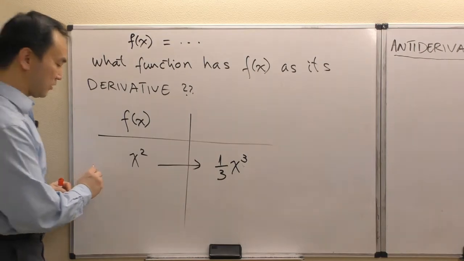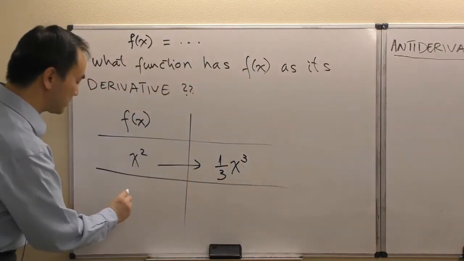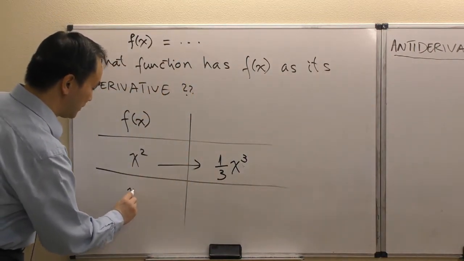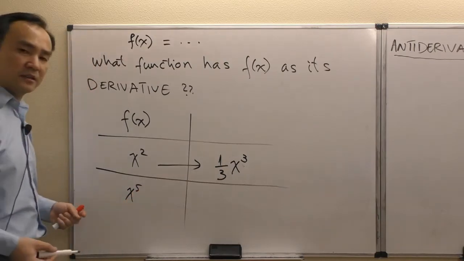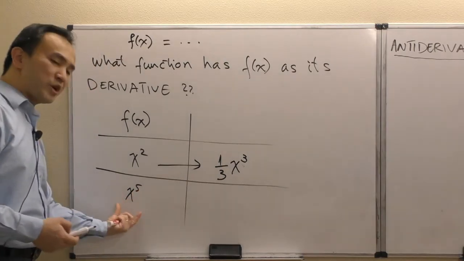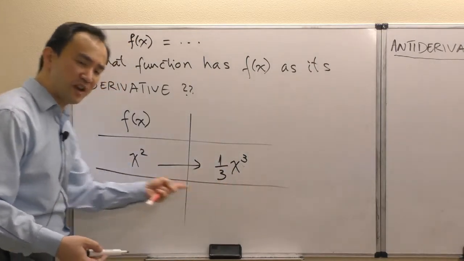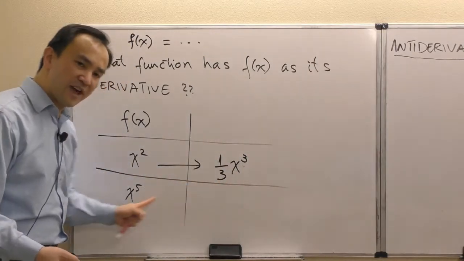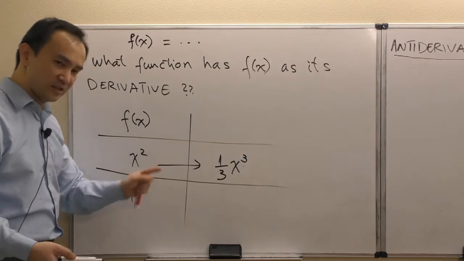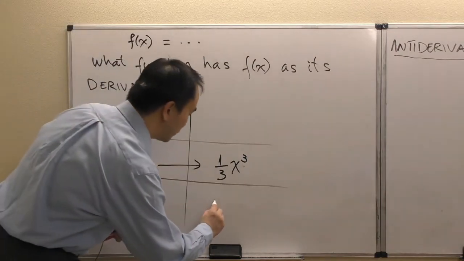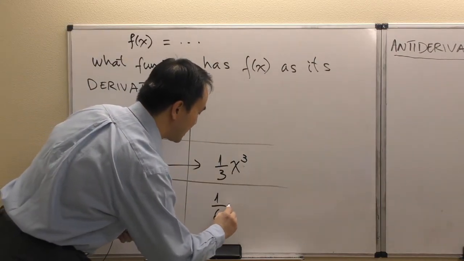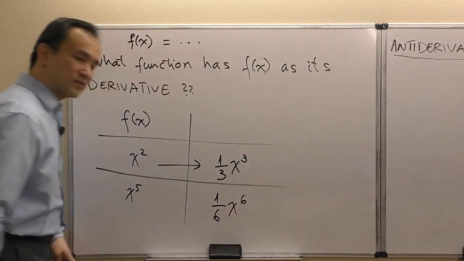Then I guided you through x to the 5th, where we want to treat this as a derivative already and find out what function will have x to the 5th as its derivative. And so our answer was 1/6 x to the 6th.